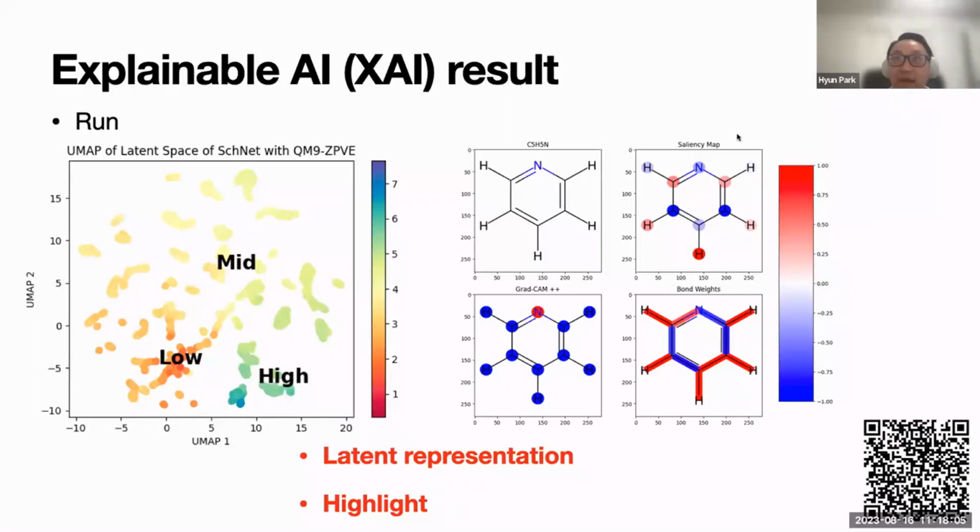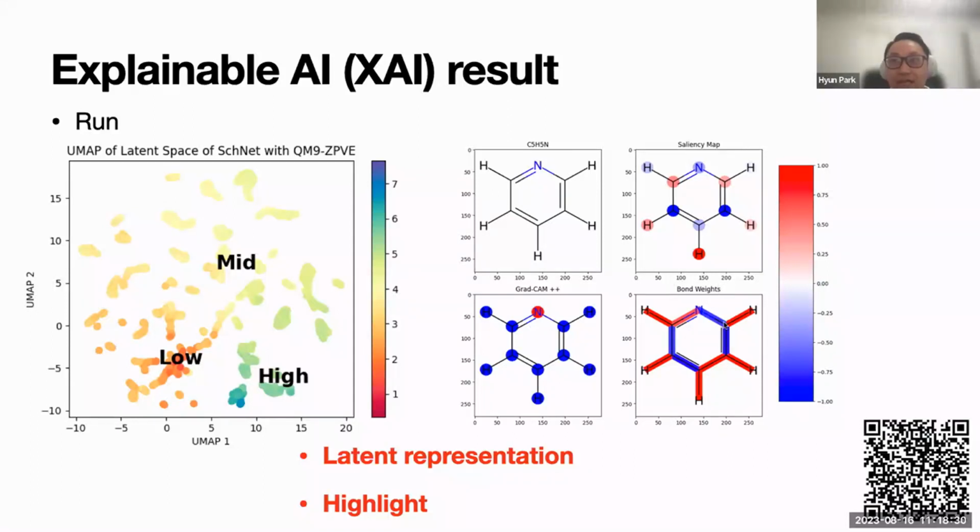And depending on what kind of algorithm you are using, say saliency map is what we used here. We can also use, say, GradCAM++, and then it will show somewhat different results, which thinks that nitrogen contributes really positively. But in both cases, we see that nitrogen is somewhat a determining factor for contributing to prediction of ZPVE. And this is just an interesting case.